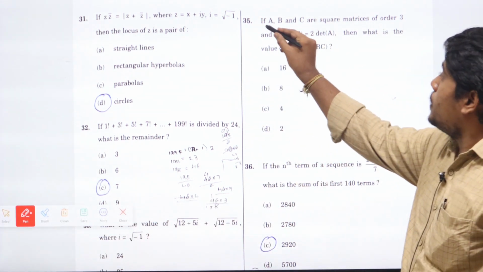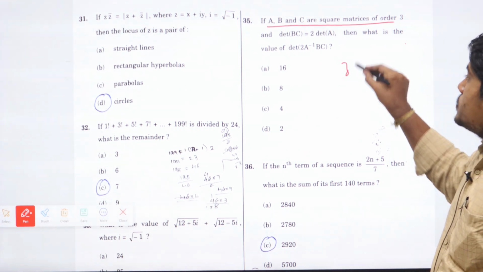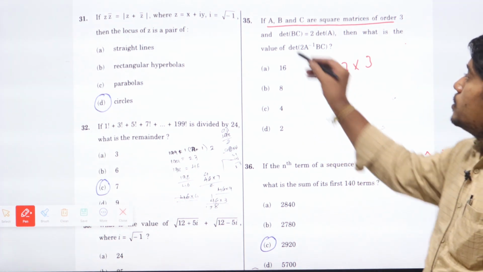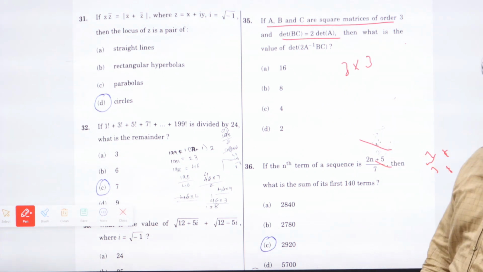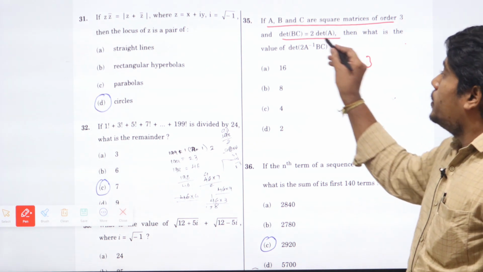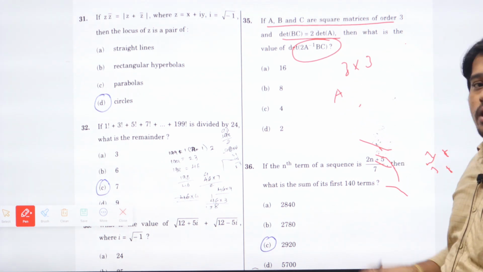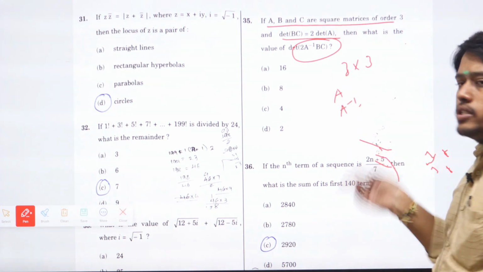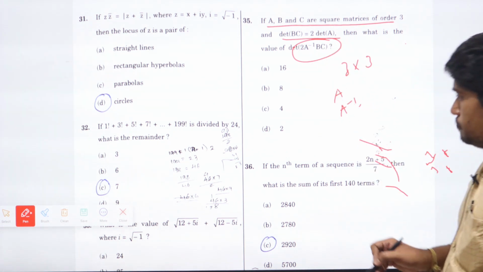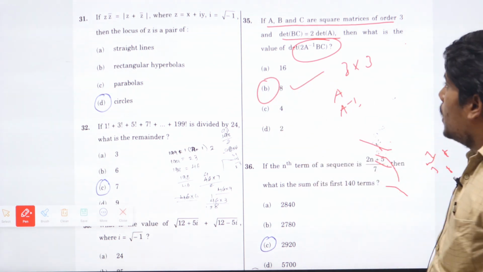So the given statement: A, B, C are square matrices with order 3, and one more condition is that the determinant of BC is equal to 2 times the determinant of A. Then find 2 times A inverse. Suppose A is a square matrix, its inverse A inverse is also a square matrix, obviously. So then the value of the determinant is option B, 8, which will be the right answer.